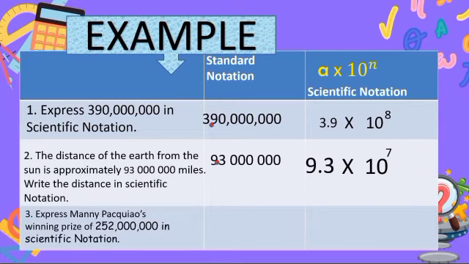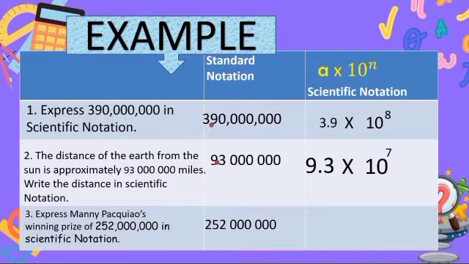And another example, express Manny Pacquiao's winning prize, which is 252 million. So, kukunin natin ang significant digit. Significant digit ay 252. So, kukunin natin, syempre, ay 2.52. Hindi pwedeng 25.2 kasi 25 is greater than 10. So, ang kukunin daw natin is less than 10 lang, so usually 1 to 9.